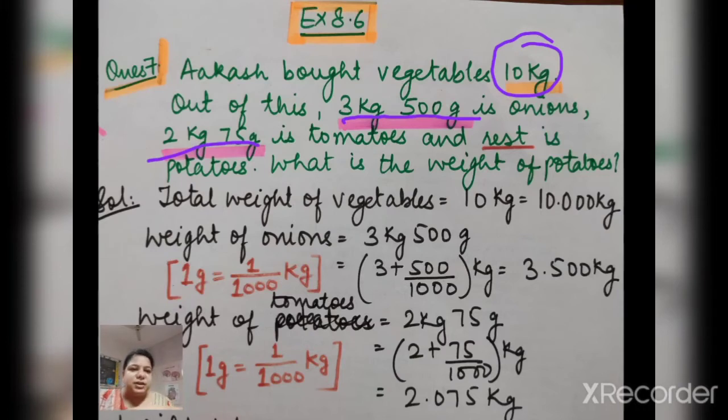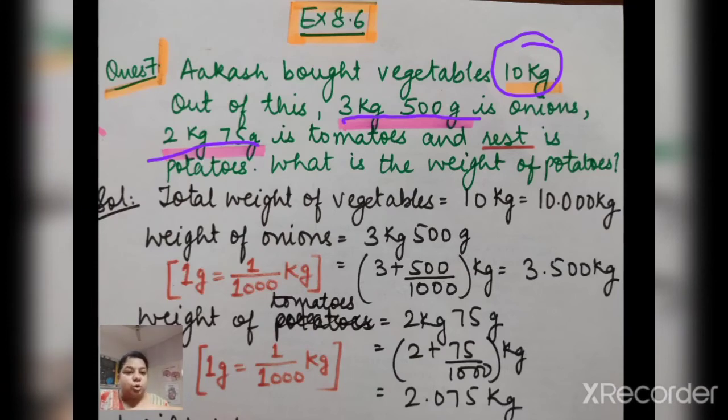The total weight is given, and this is the total weight of three things: onions, tomatoes and potatoes, right? Two weights are already given, you need to find out the third weight. So first of all, just understand what we need to do here.